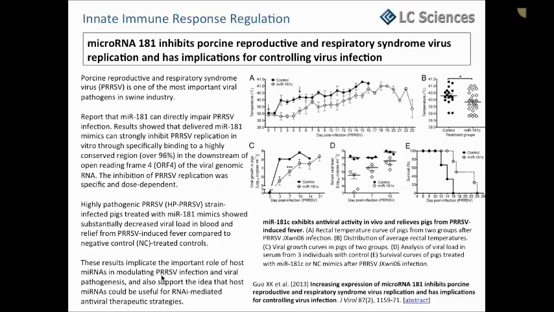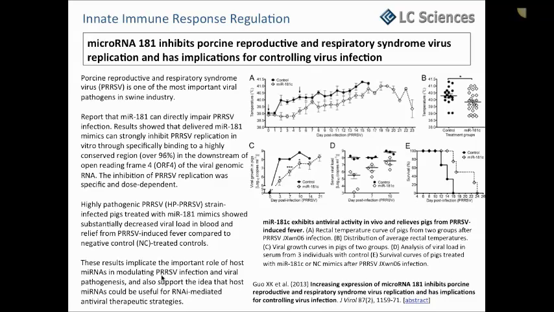Looking at the innate immune response and how microRNAs fit in there, this is a paper also just published, Journal of Virology, 2013. They did a time course study over 3 weeks with pigs.